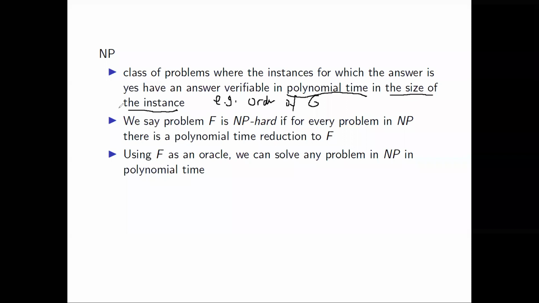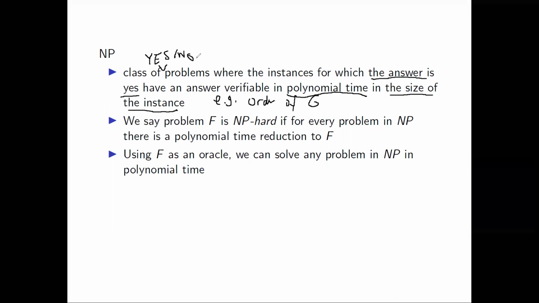One other thing I want to mention here, this is kind of implicit in the top bullet, but I like to make it more explicit. The problems in NP are yes-no problems. It was slightly implicit because of this part, the answer is yes.